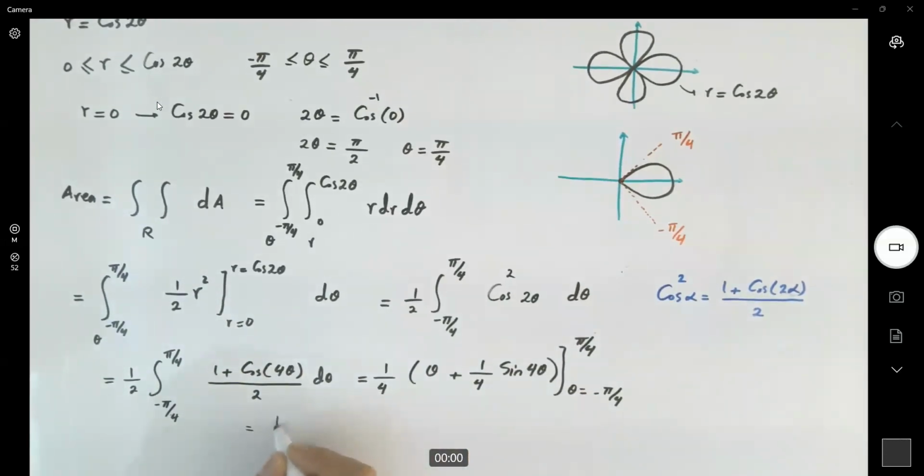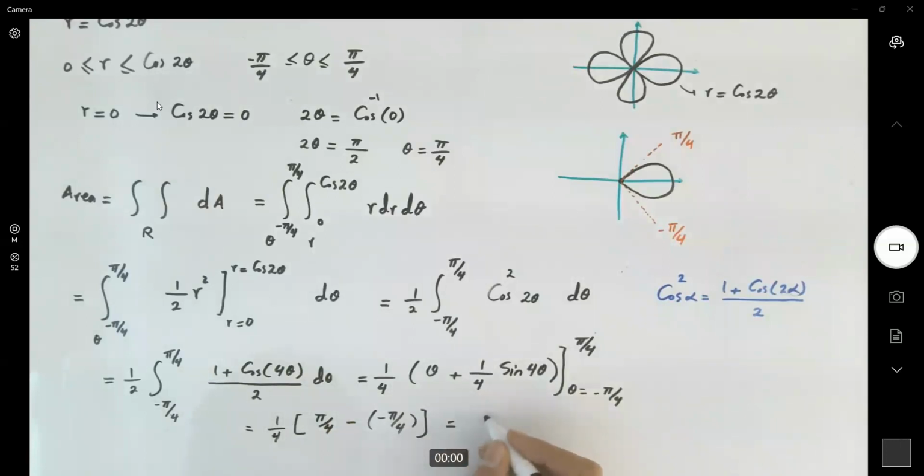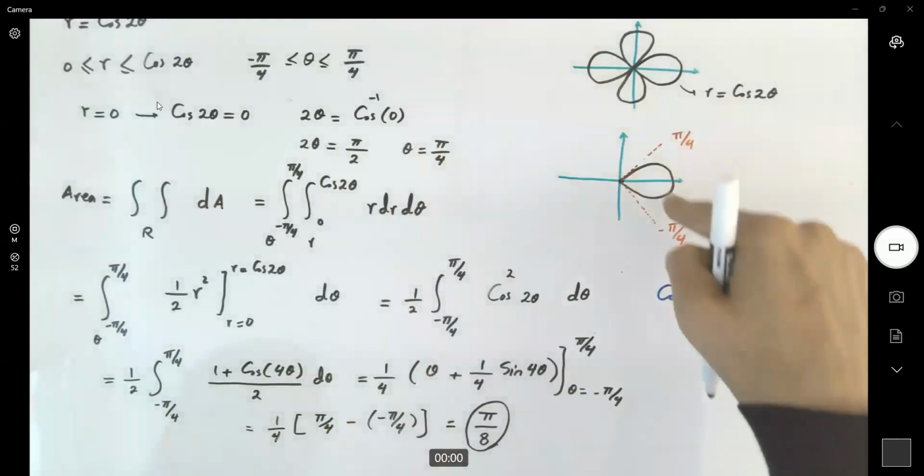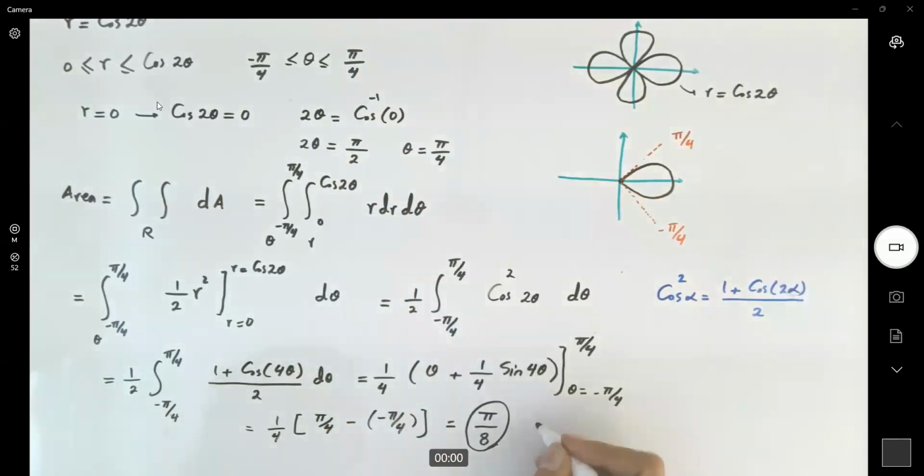This is equal to 1/4 and pi over 4. Sine of pi over 4 times 4 is going to be 0, minus theta, which is negative pi over 4, and another 0. So you have pi over 8 as the area of one loop.